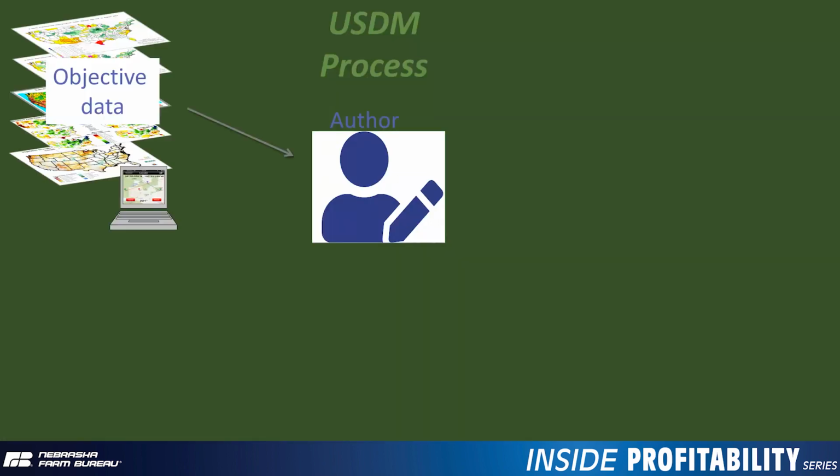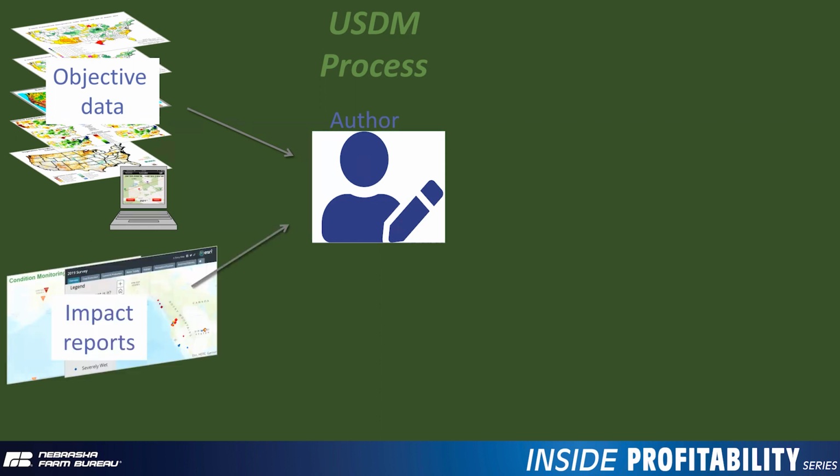So the process is an author takes all these data layers, brings them into the computer system, which we call a Geographic Information System, or GIS. And that allows us to overlay these maps georeferenced across the United States and Alaska, Puerto Rico, Hawaii, and the Pacific Islands and U.S. Virgin Islands. And then in addition to the objective science, we also look at impact reports, which come from a variety of mediums.